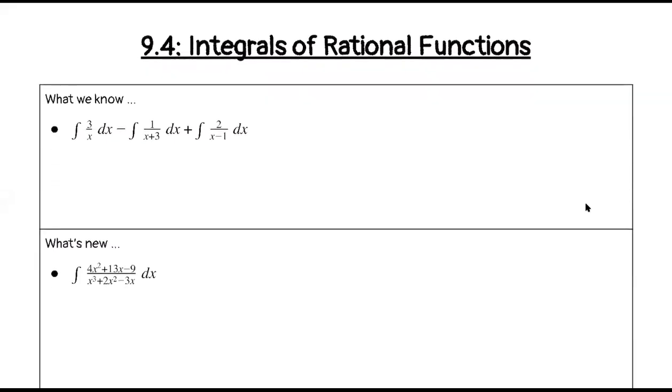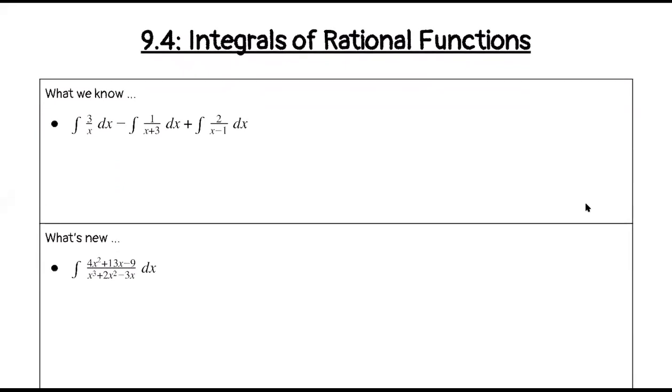Alrighty, so here we go. 9.4, integrals of rational functions. We're going to start off with a what we know and a what's new, a pattern that hopefully we're getting pretty comfortable with at this point. We're going to take a look at this one question, what we know.